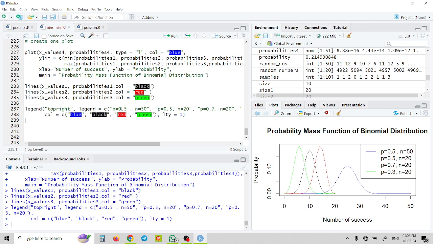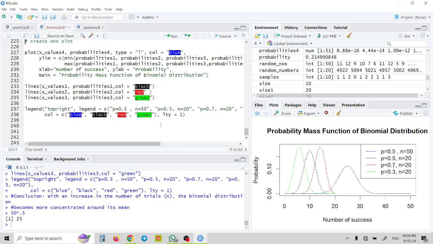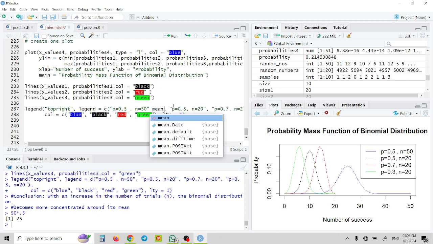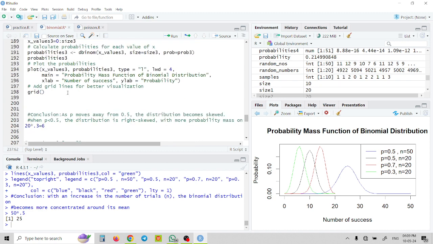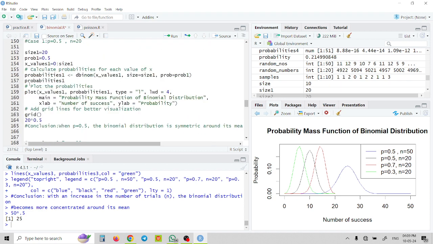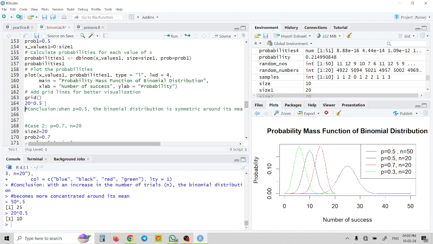So for the case 4, what was the mean? Case 4 mean was 25, right? I will write mean is equal to 25, comma, close. Okay. Case 1, what was the mean? Case 1, we can see the mean is 10, right? 10.